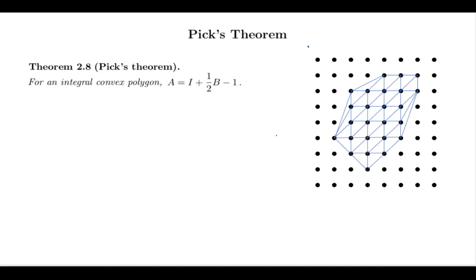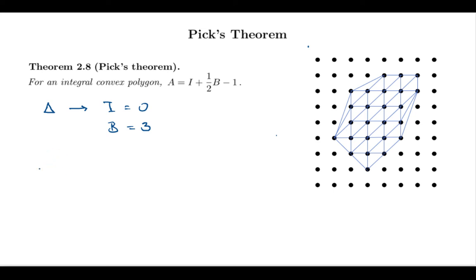That means that if I have such a triangle, so maybe I'll call this delta. So again, delta is a triangle with this property, then, well, we just said there is no interior point, and there's precisely 3 boundary points.